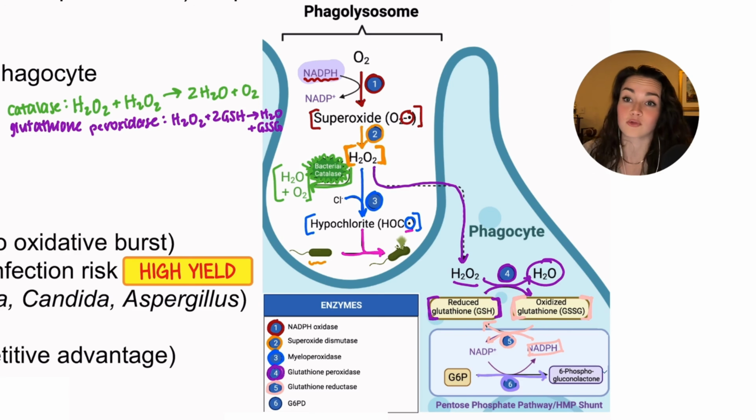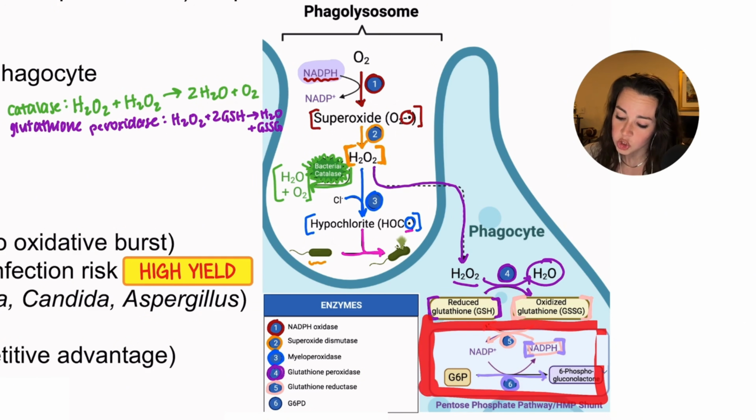That first rate-limiting step of the pentose phosphate pathway. That was the first NADPH producing step of that pathway. So that's where the NADPH came from. So our neutralization reaction is happening at this step here with enzyme 4, glutathione peroxidase. Steps 5 and 6 here are just showing how you regenerate that reduced glutathione, via NADPH, and where that NADPH is coming from. It's reminding you how all of this ties in to the pentose phosphate pathway, which is in this purple box right here.